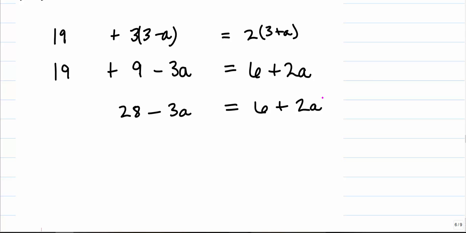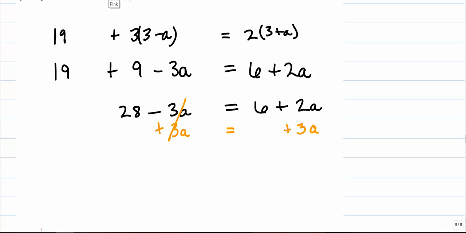Now, what I might do, and I'm getting to the point where, guys, I'm just going to do this in one step. I'm going to add 3a to both sides so that all my letters will be on this side.